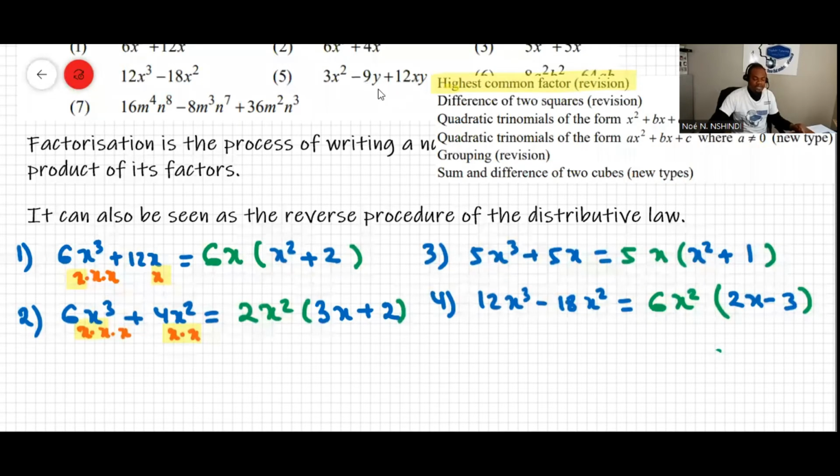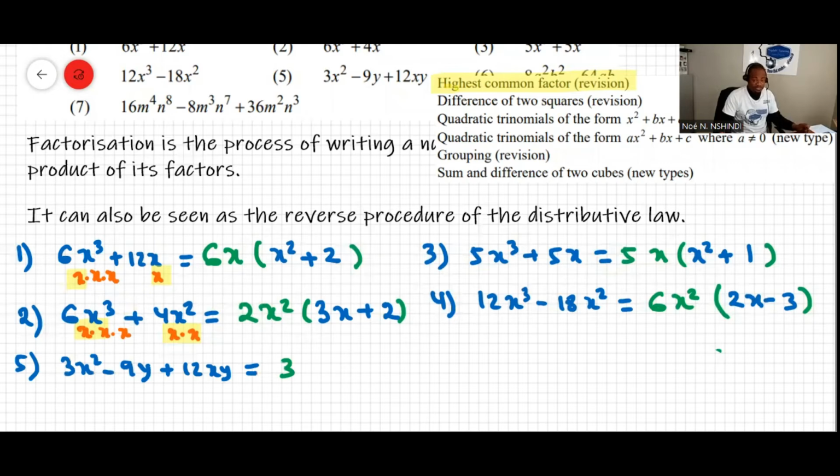3x squared minus 9y plus 12xy. Over here, we look at the terms. We have 3 terms here, and each term is a multiple of 3, so we can take 3 as the common factor. Only the first and the last term have x's.